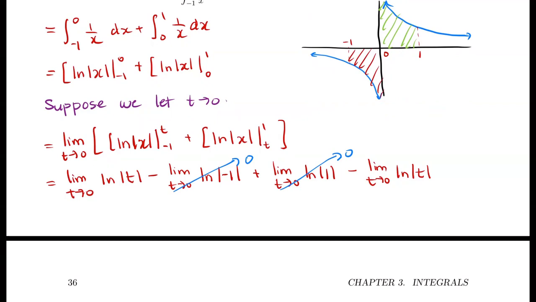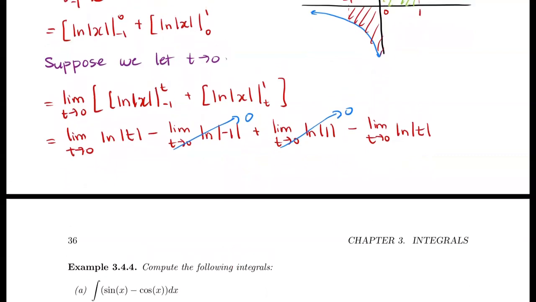As t approaches 0 from the positive side, ln t goes to negative infinity, and from the negative side it goes to positive infinity.